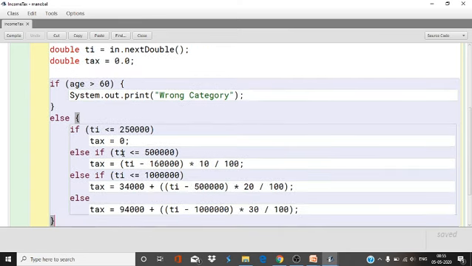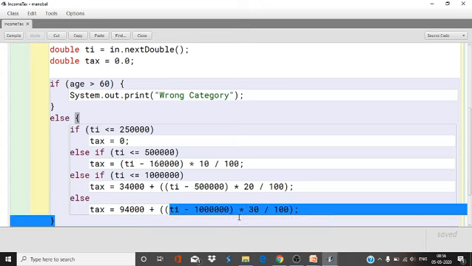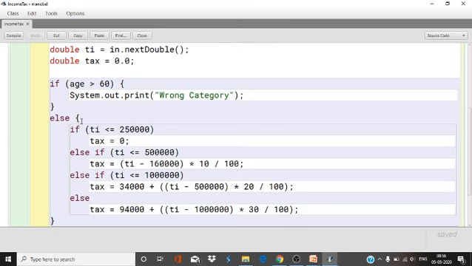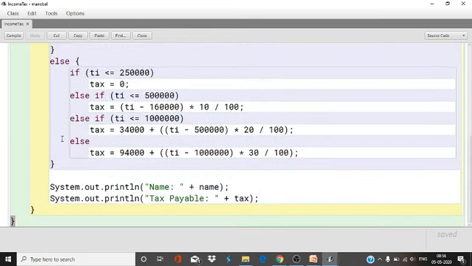If the income is greater than 5 lakh and less than 10 lakh, then T1 minus 5 lakh into 20%. If it is above 10 lakh, then when you subtract 10,000 from the taxable income you will get 94, and like this you calculate 30%. Simple code. Now print the name and tax payable, compile it.